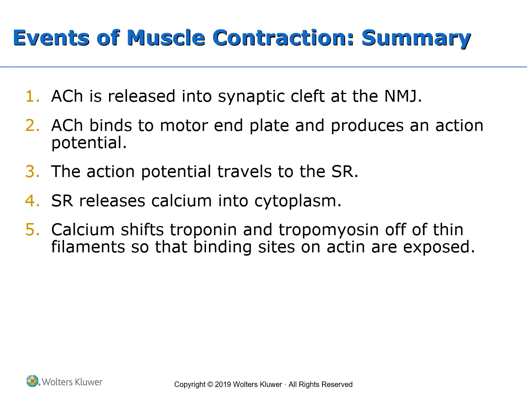If we need to summarize again, and I know that I said it probably 6 times in 6 different ways, acetylcholine is essential and needs to be released into the synaptic cleft at the neuromuscular junction, will bind to the motor end plate and produce an action potential. Once the action potential is generated, it will travel through the sarcolemma of the cell to the sarcoplasmic reticulum.